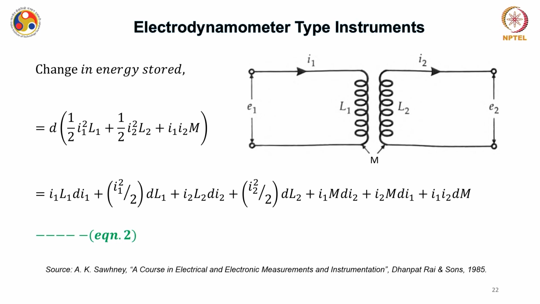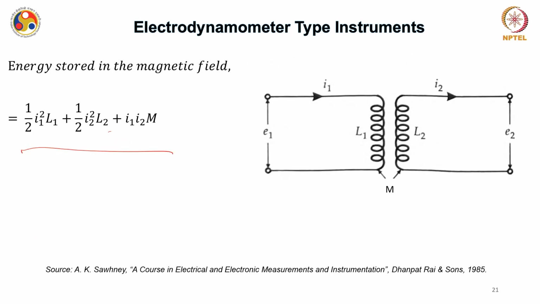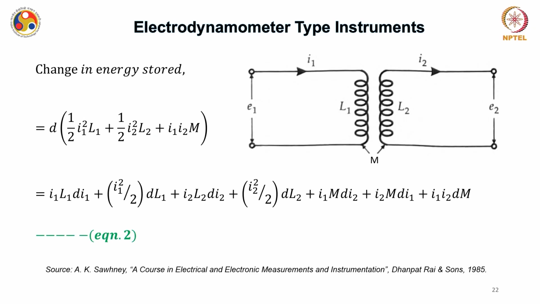If I have to calculate the change in the energy stored, we have to find the incremental change in this energy stored. It can be written as I1 L1 dI1 plus I1 square by 2 into dL1. Right now, I am not taking L1 or L2 as constant, we will see it later. That is why I am writing it for both cases, change in current as well as change in the inductance value.